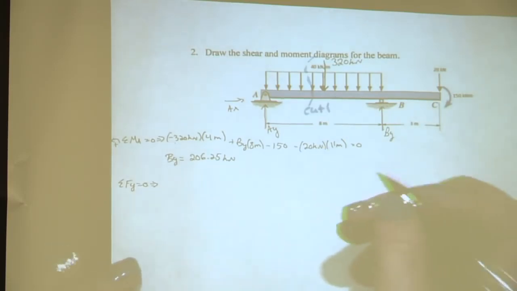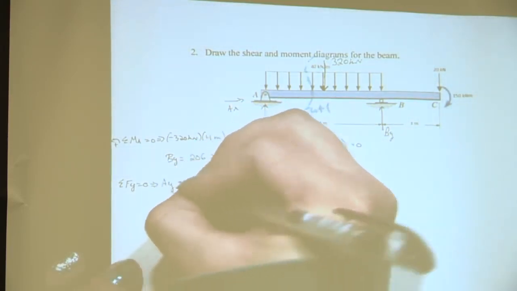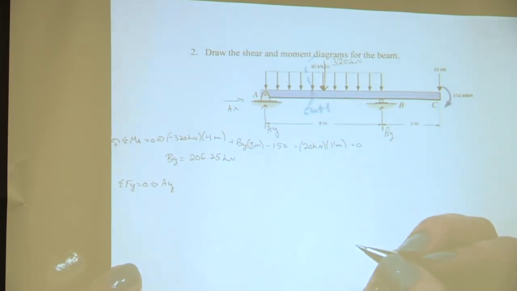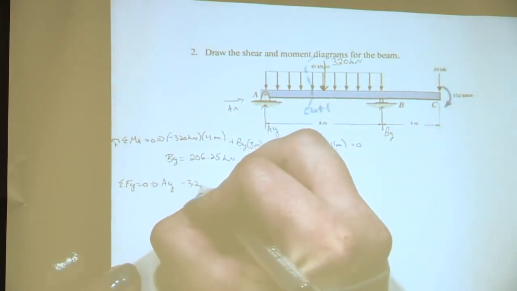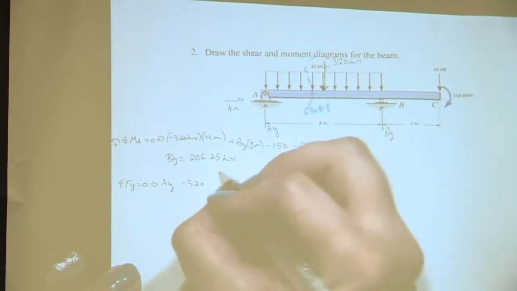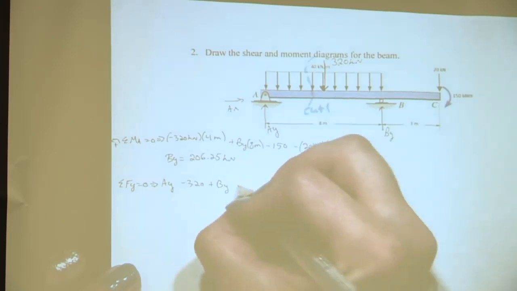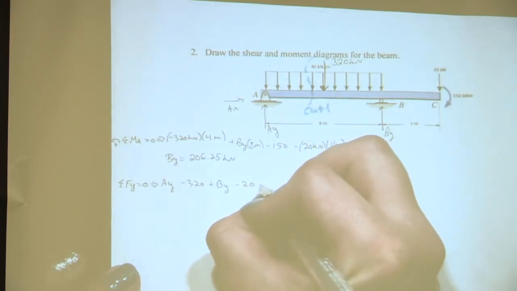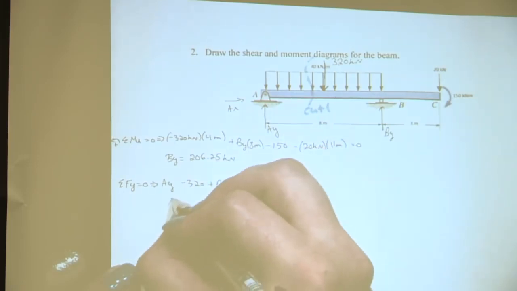So how many terms should we have in this equation? Okay, awesome. So 4. So which ones? Awesome. So we have AY. And what else? Is it positive or negative? So minus 320. And then what? So plus BY. And then what? Minus 20. Awesome. Okay, and what was BY?